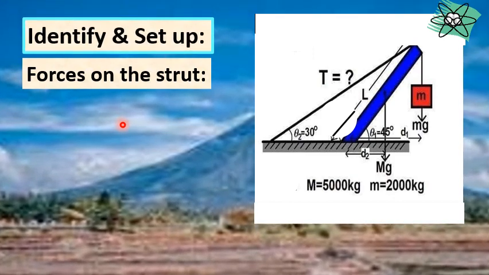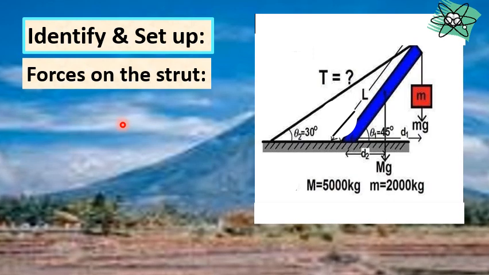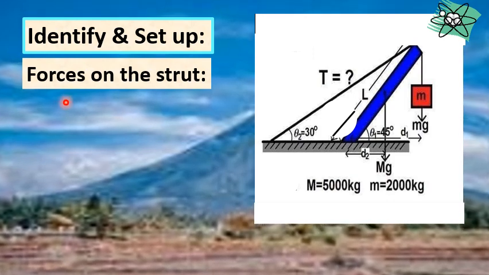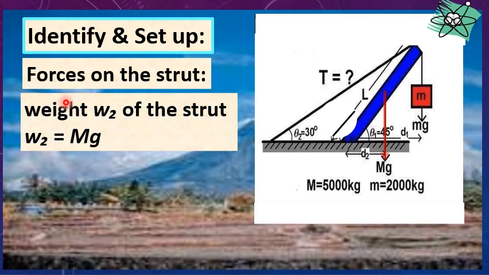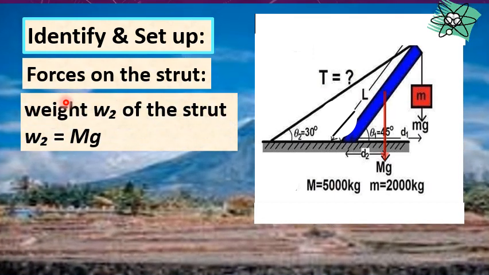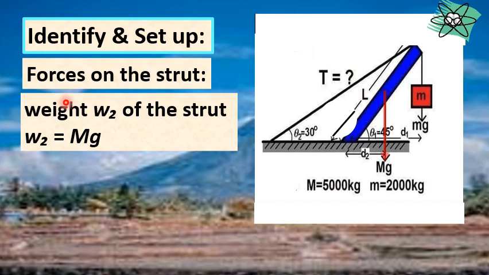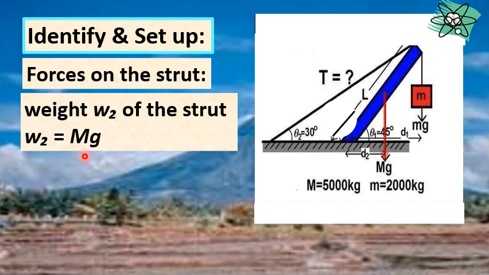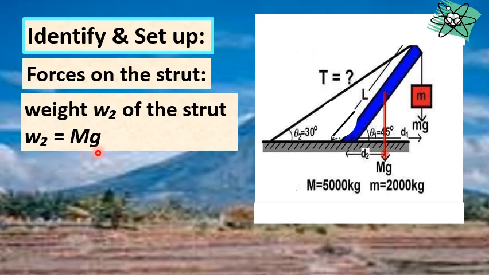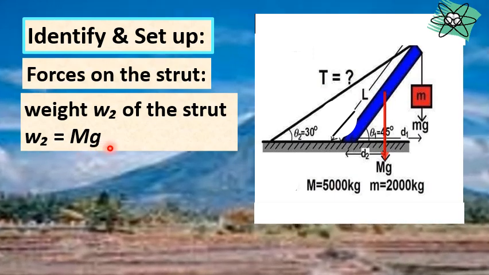Another force is the weight of the strut itself, denoted by W sub 2. W sub 2, of course, is the product of the mass of the strut, capital M, and acceleration due to gravity.